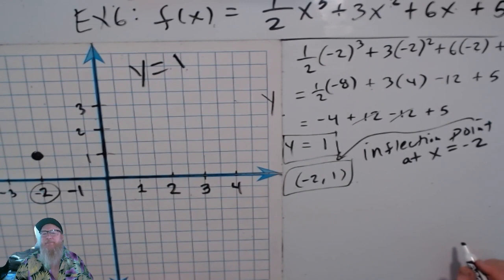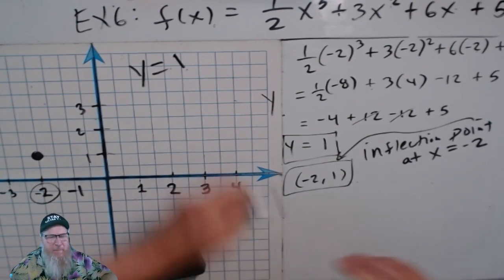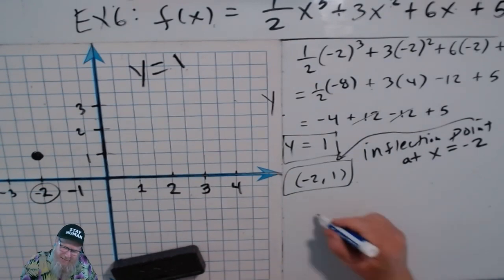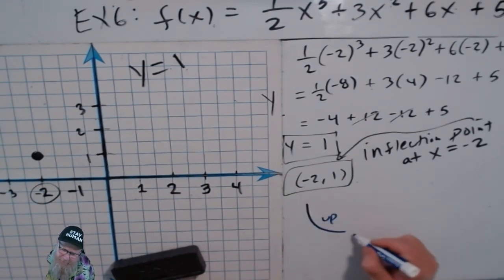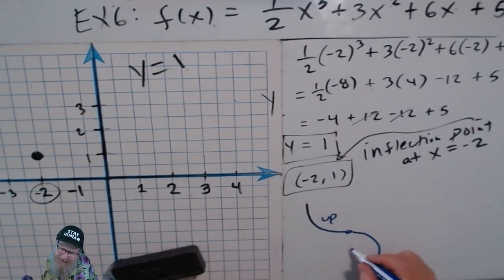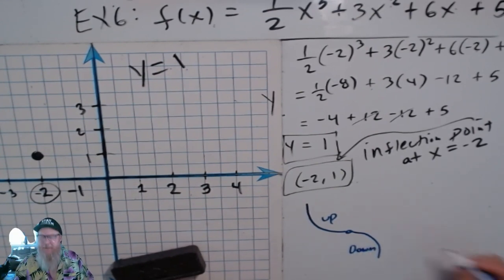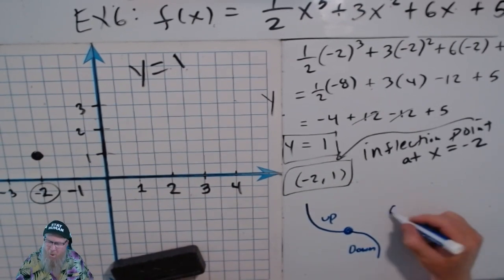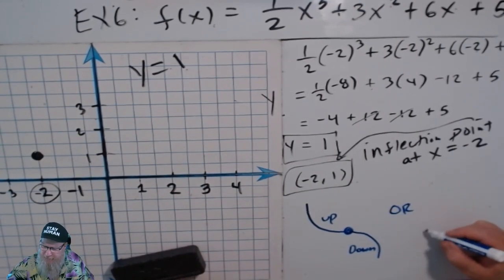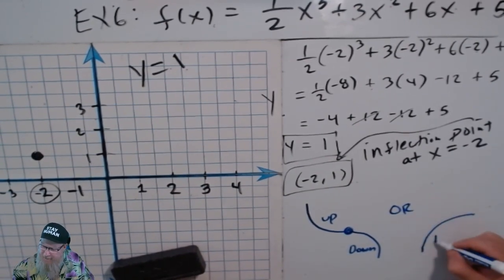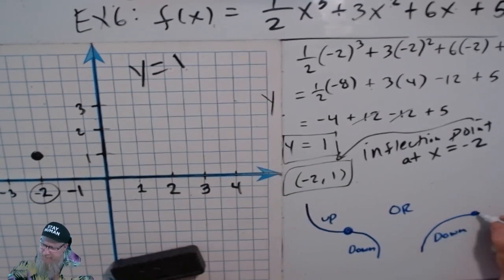Now, what does an inflection point mean? Inflection means it's either changing from up to down, that's an inflection point, or it could be changing from down to up.